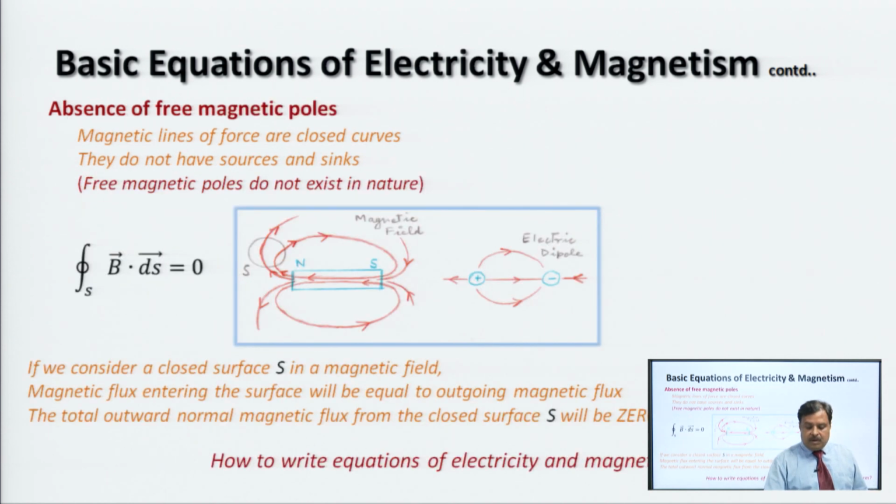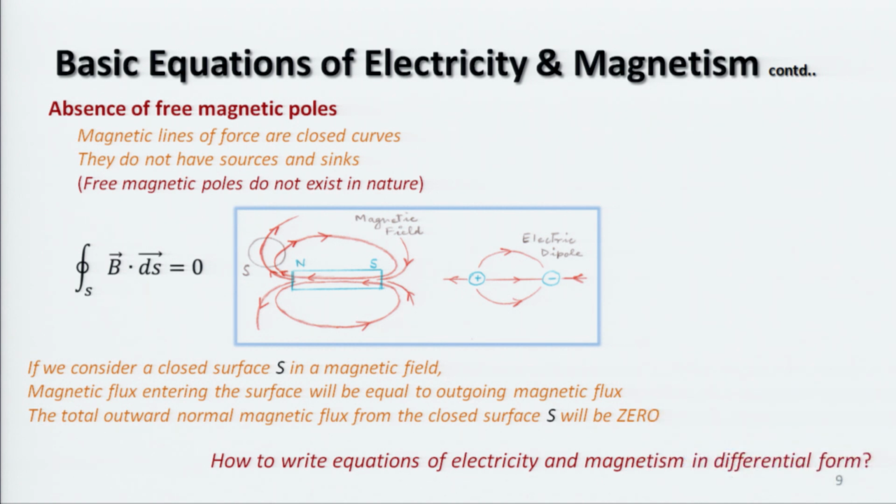Now, come to the next slide. This is about the absence of free magnetic poles in nature. Magnetic field does not have sources and sinks. Magnetic field lines are closed curves.